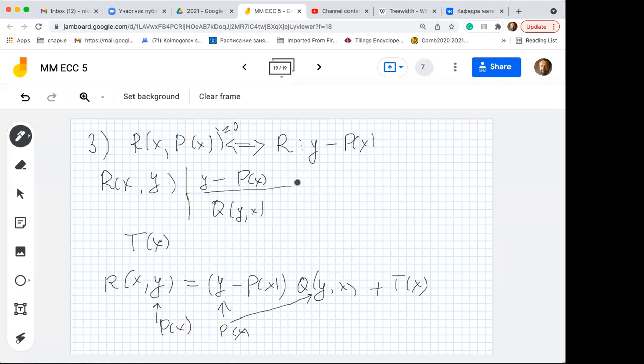And so on the last step, we factor r. We represent r as a product of irreducible polynomials, say R1 to Rm. So these are irreducible.